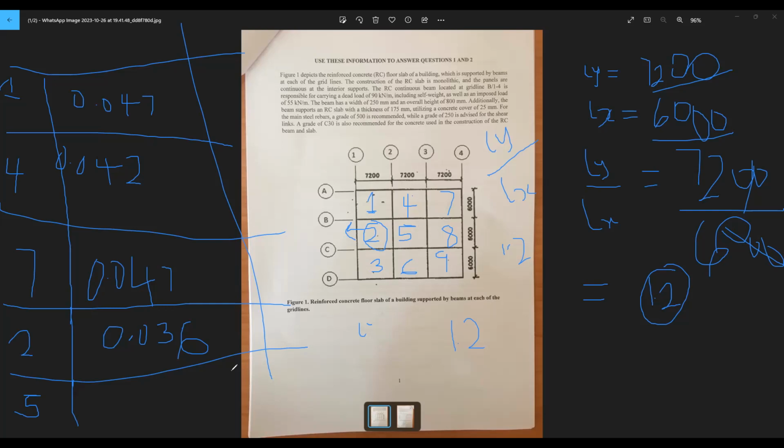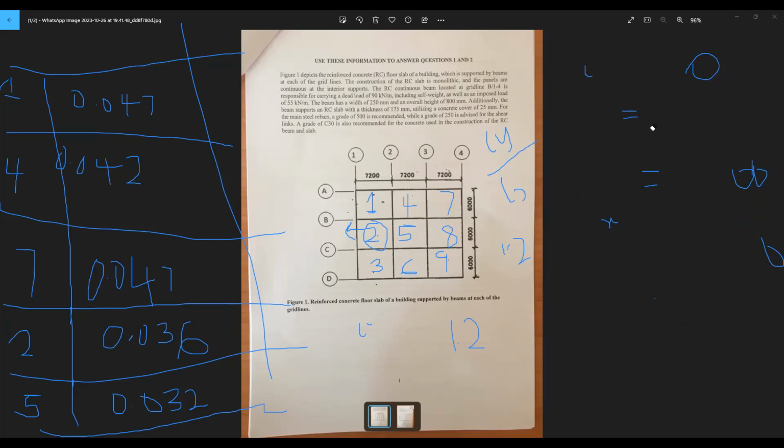You will go horizontally to meet 1.2, and the value you will see there is 0.032. So that is the value you are supposed to write. Then let's move on. I'm cleaning this side so that I'll get enough space to write the solution or the answers.